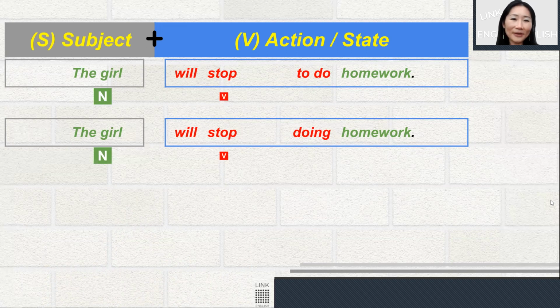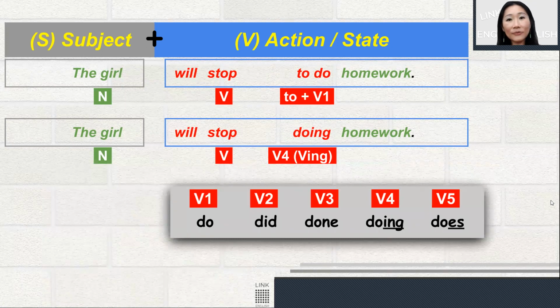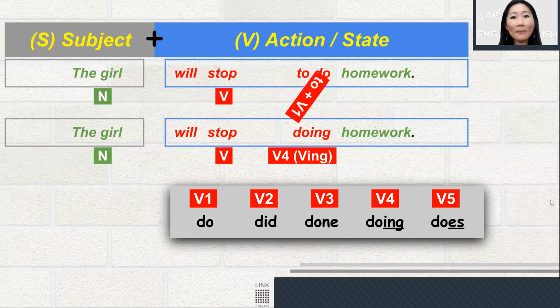If the first verb is stop, look at the second verb. It can be to V1 or V4 with very different meanings. To V1 means something next or in the future. So the girl will stop whatever she's been doing and do the next thing. So she will do homework.